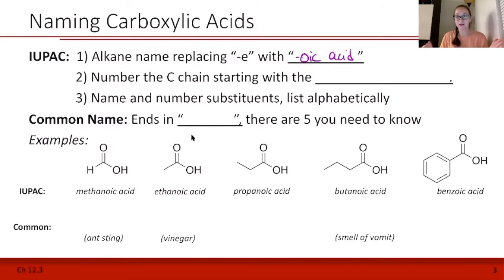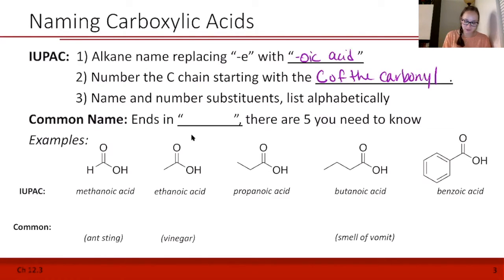So we put on our alkane name just like we normally do, replacing E with oic acid. We number the carbon chain, starting with the carbon of the carbonyl. So in this case, you'll notice the carbon has to be carbon number 1, so we don't have to label it as such. We don't need to say that the carboxylic acid is at the number 1 position because it has to be by definition. And then name and number the substituents, list alphabetically like we've been doing this whole time. So I went ahead and listed the IUPAC names on the bottom here.